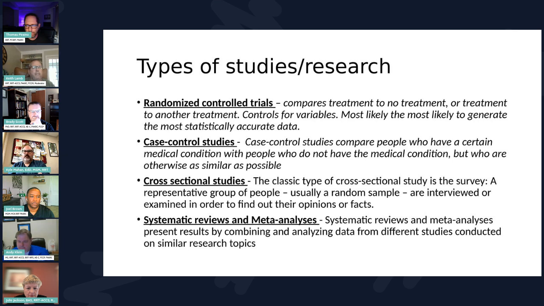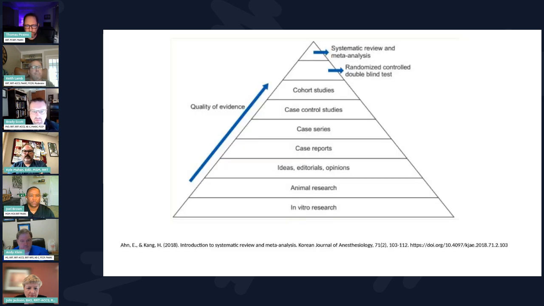Does anybody want to discuss the hierarchy of research? Any of our heavy researchers? No, I think what you're saying makes sense. It's important for everybody here to know that there are different levels of evidence that we have to build our conclusions on.